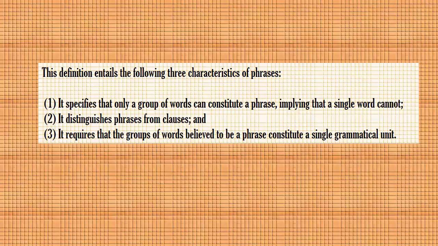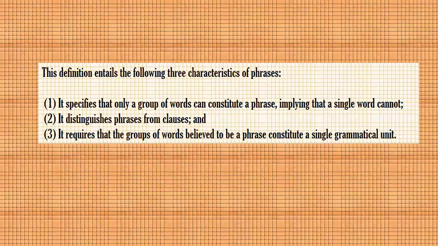From this definition, we conclude the following three characteristics. One, it specifies that only a group of words can constitute a phrase, implying that a single word cannot be a phrase. Two, it distinguishes phrases from clauses.